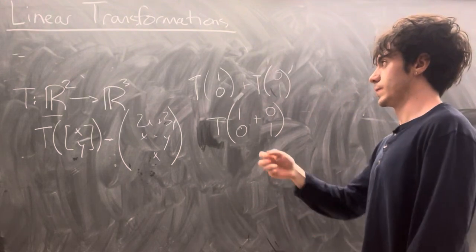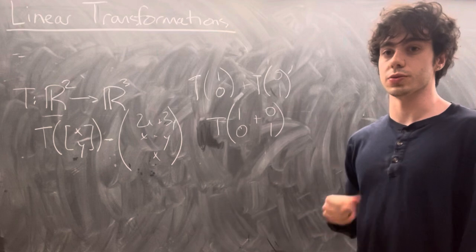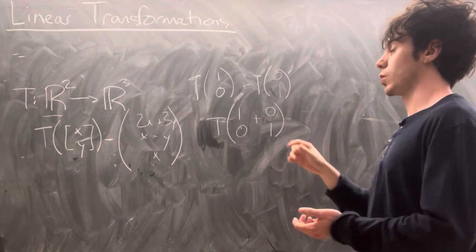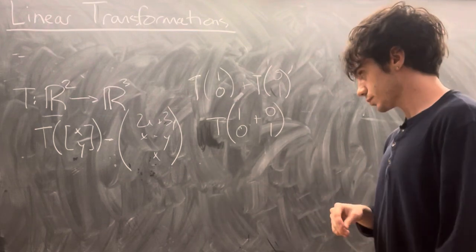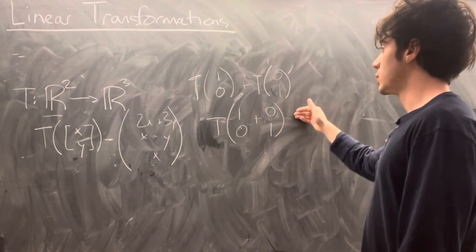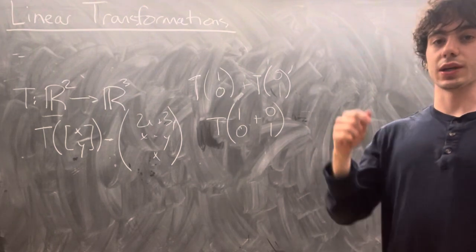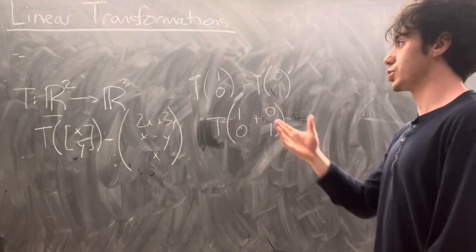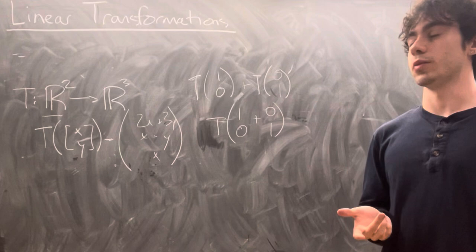Because (1, 0) and (0, 1) are the standard basis vectors for R2, you can take all the possible linear combinations and cover R2 by scaling and adding them. And this is preserved under the conditions of a linear transformation. So that's why we can describe the whole behavior of the transformation just by the basis vectors themselves. And for this problem in particular, that's going to be very helpful.